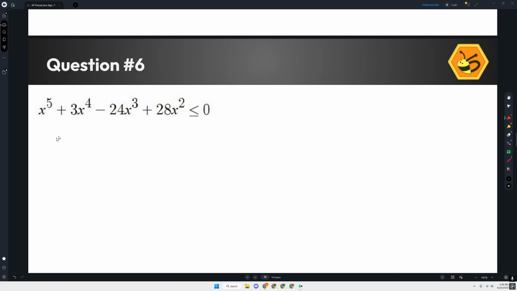Alright, so the first step would be to factor out x squared. So we would get x squared times x to the third plus 3x squared minus 24x plus 28 is greater than or equal to 0. Then we're going to use synthetic division.